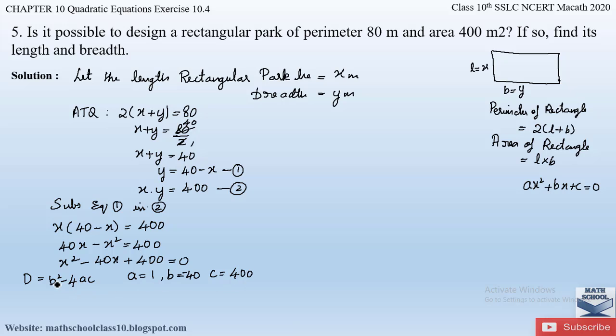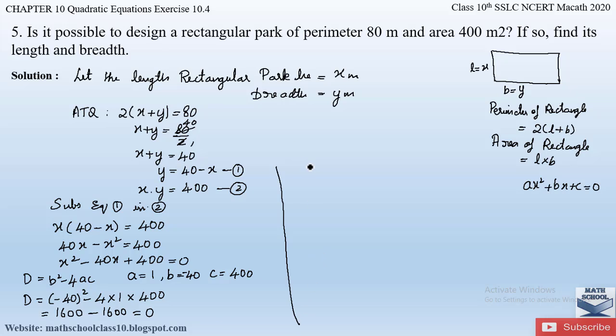So let us substitute the a, b and c values in the discriminant, which is equal to b square, or minus 40 the whole square, minus 4 into 1 into 400. Minus 40 square is 1600, minus 4 into 400, which is 1600. So we obtain the d value as equal to 0.